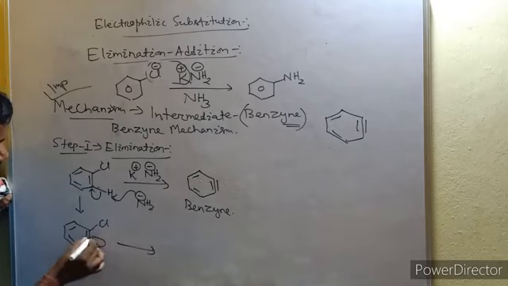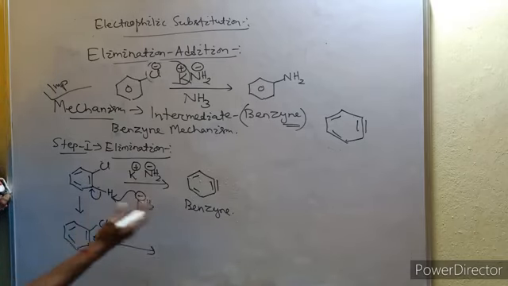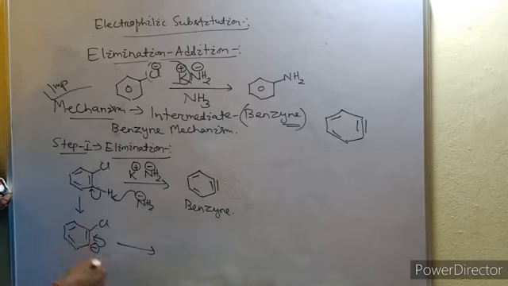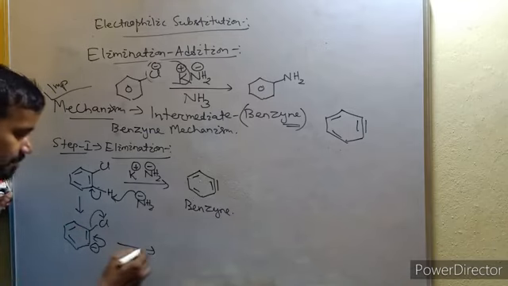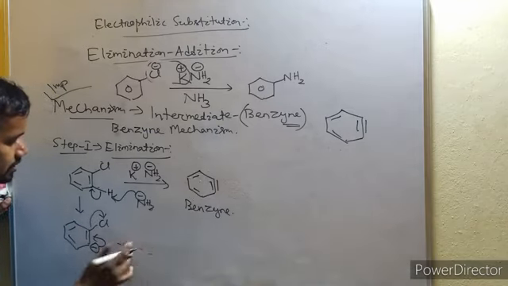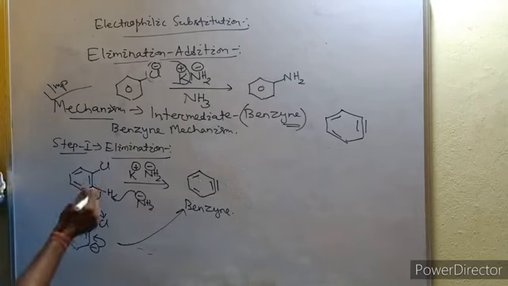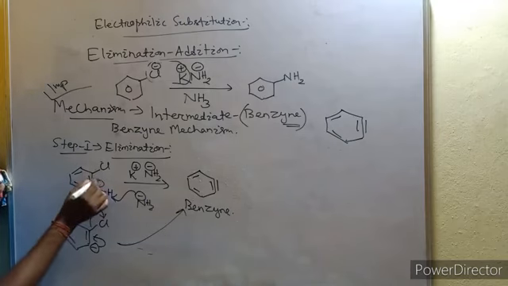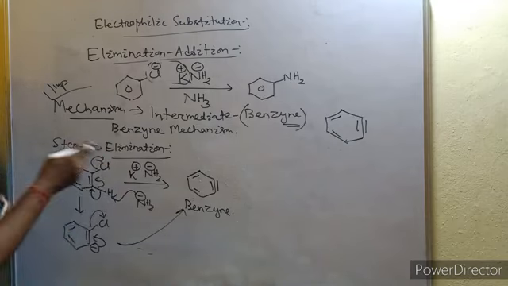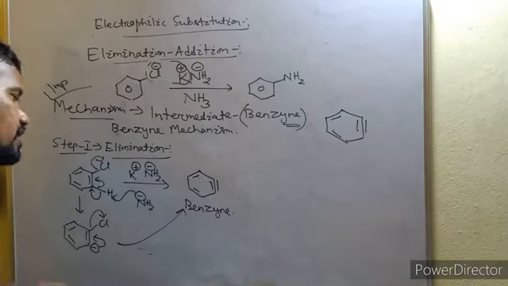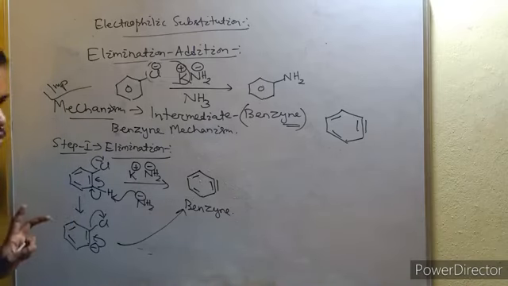In the next step you rotate it, just the same thing we are doing in stepwise manner. The chlorine will leave as Cl minus, so you are getting the same benzyne. Okay, another intermediate step I have just written. Simple. You can draw directly also. This is the concerted mechanism method. Okay, both are correct. Whichever you write, it is okay.